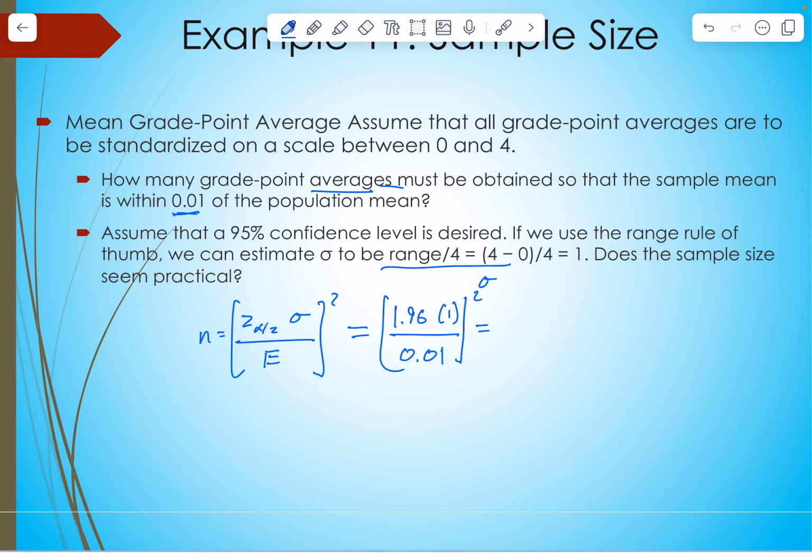And if I square that value, I get 38,416. About 38,000. Does this sample size seem practical? Not practical.